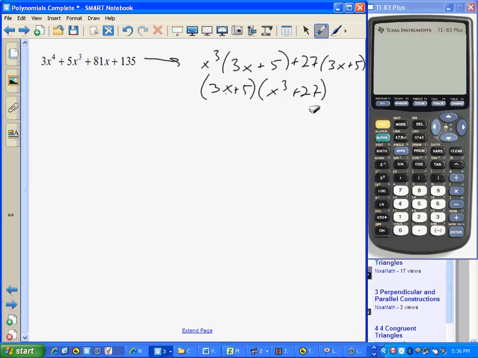This is our special pattern. This is a sum of cubes. So that's going to turn into x plus 3 and x squared minus 3x plus 9.